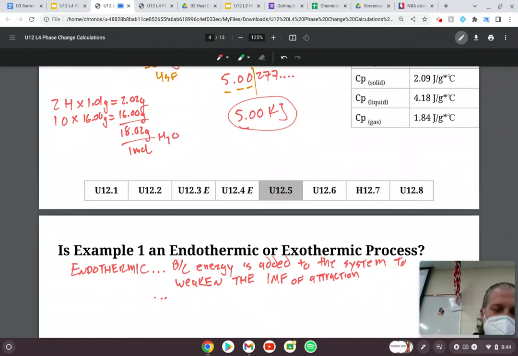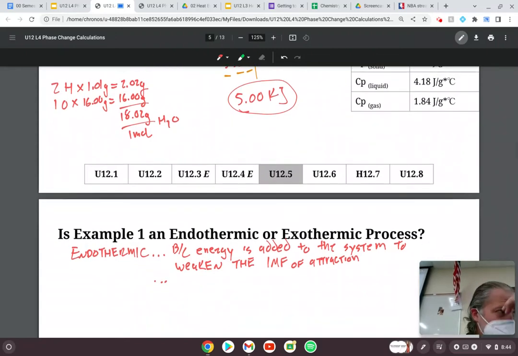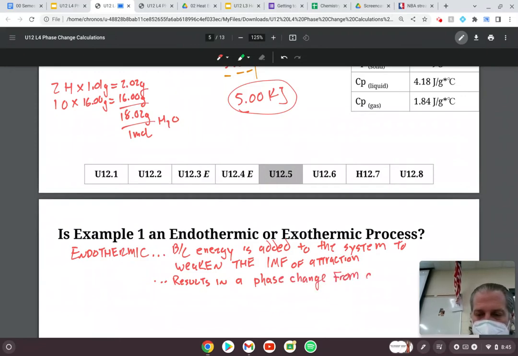And so when we weaken the intermolecular forces of attraction, we result in a change of state or phase from solid to a liquid. So this results in a phase change from a solid to a liquid.